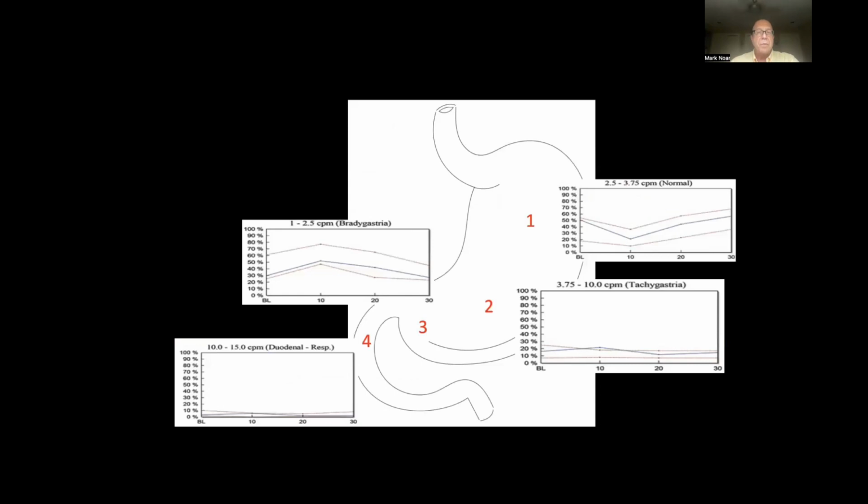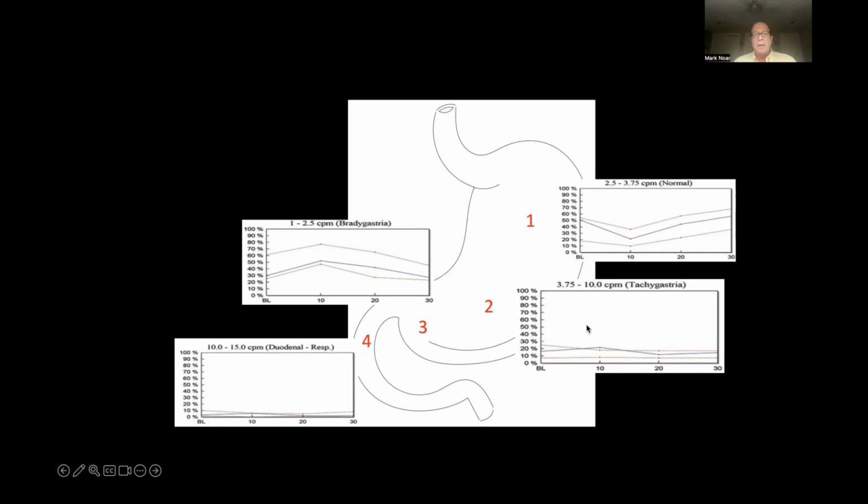Now here is where these 4 graphs correspond to with regard to the stomach. Again, you'll remember the first pump is here in the corpus, and this is where you find the dominance of your 3 cycle per minute activity. Your second pump, which is down in the antrum here, is this slower wave activity. Here is your duodenal, which is your third pump.